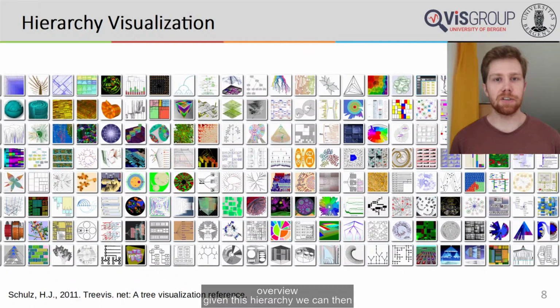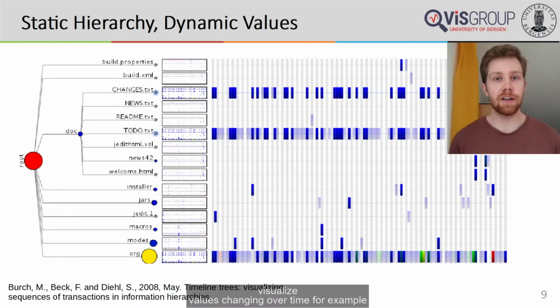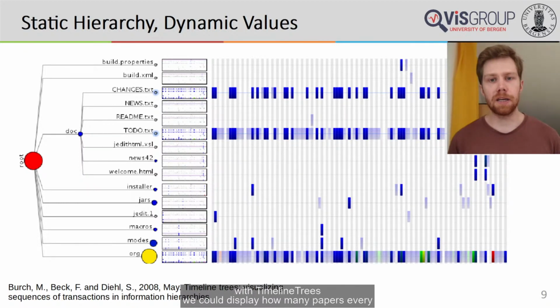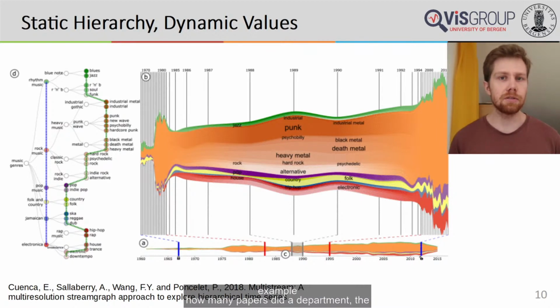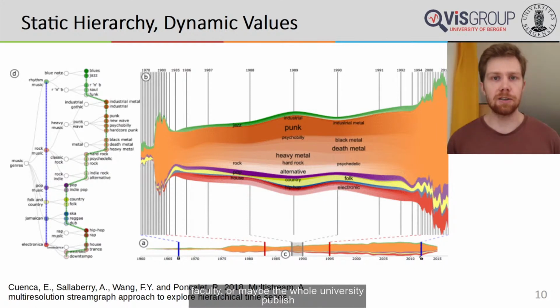Given this hierarchy, we can then visualize values changing over time. For example, with timeline trees, we could display how many papers every student published every year. Or with theme river-based approaches, like multi-streams, we could also see aggregated values. For example, how many papers did a department, the faculty, or maybe the whole university publish?